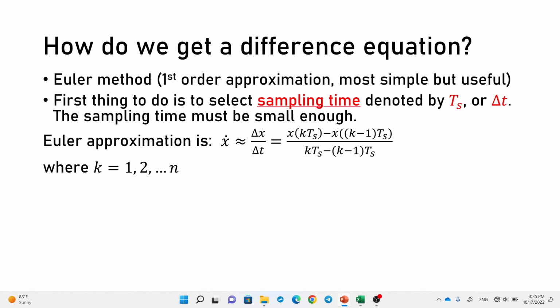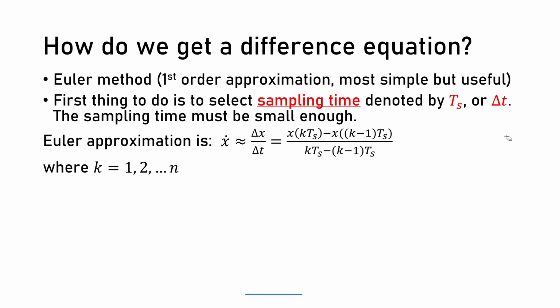So here, let's see, you choose a sample time Ts. Sometimes some writers denote it delta T. And usually it should be small enough for a particular equation. And then the Euler approximation is given by this equation.